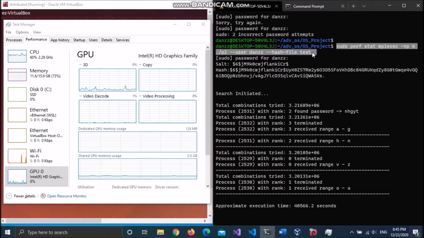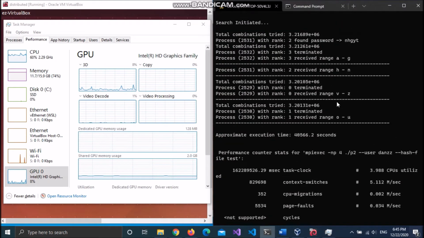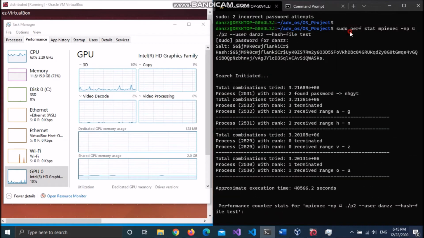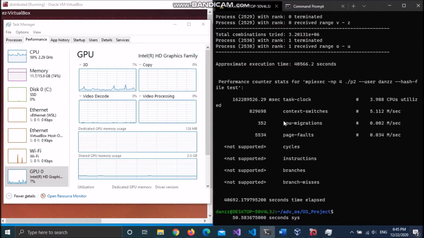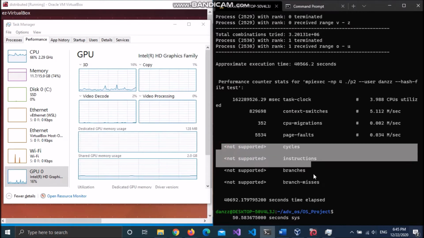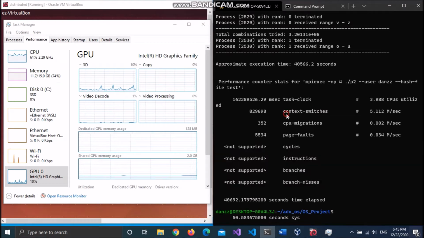I did not run it just to benchmark with Hashcat, but with this command I have prepended perf stat, which gave me some statistics. The main statistics that I wanted were cycles, instructions, branches, branch misses. These are the important hardware level events that I wanted to document, but because of the unsupported kernel, I don't know for whatever reason.